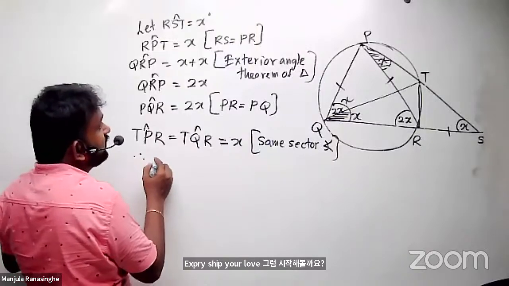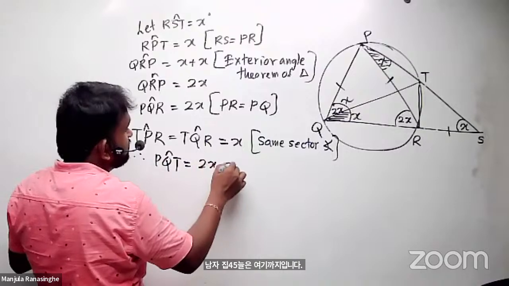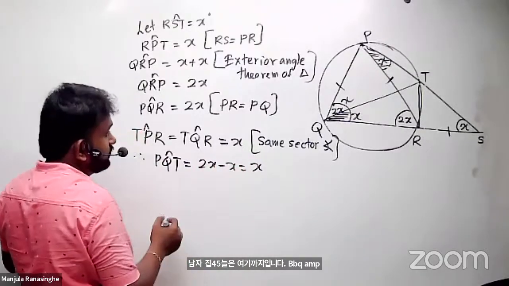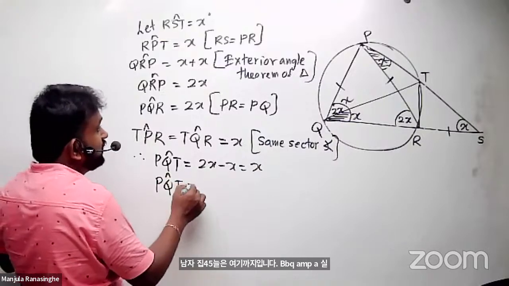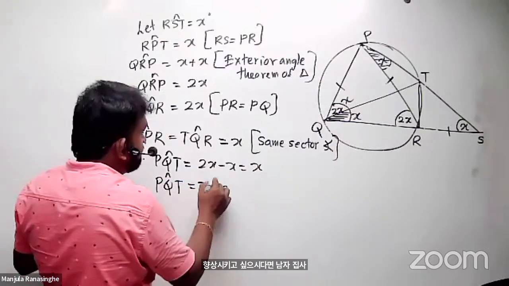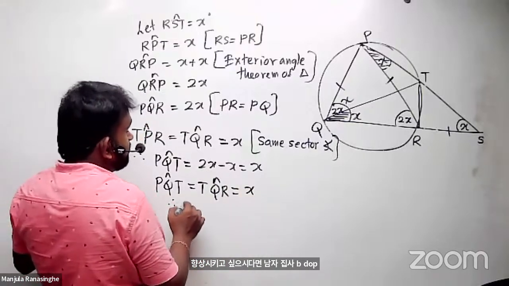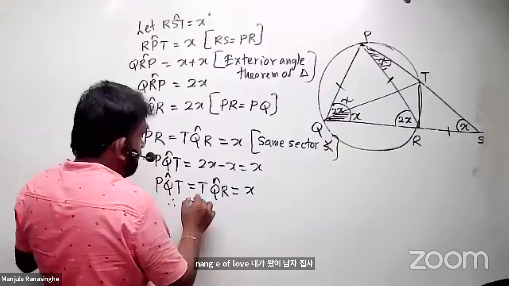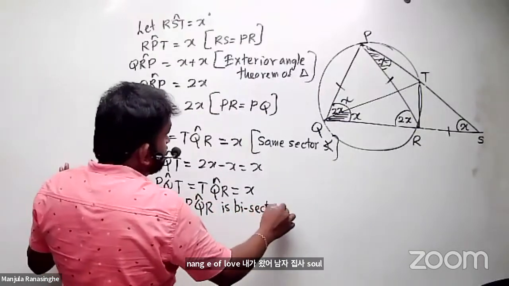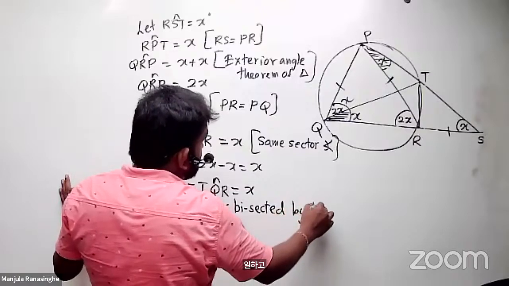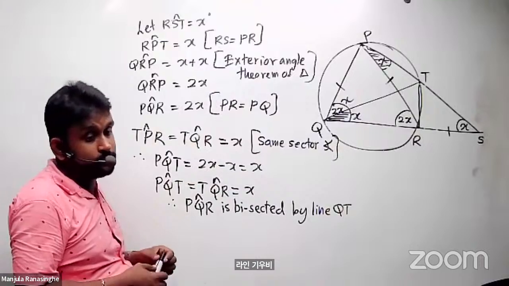Therefore, you can say that PQT angle equal 2X minus X, that is also X. Now you can say that PQT angle equal TQR angle equal X. Therefore, PQR angle is bisected by line QT.